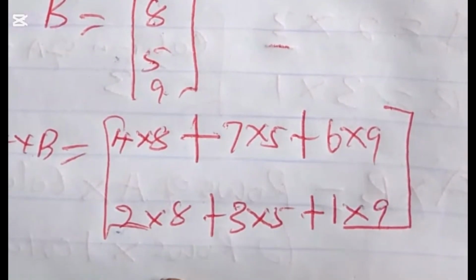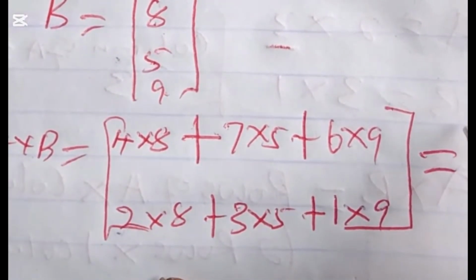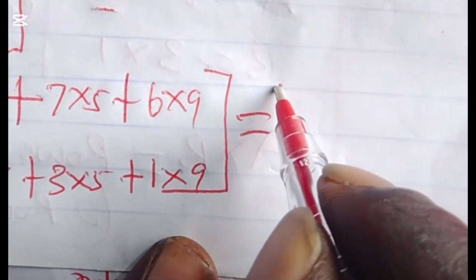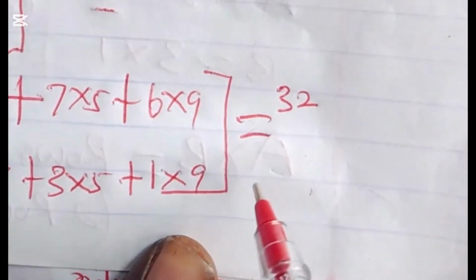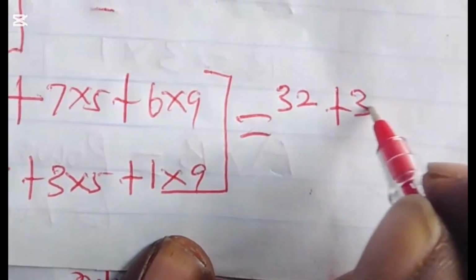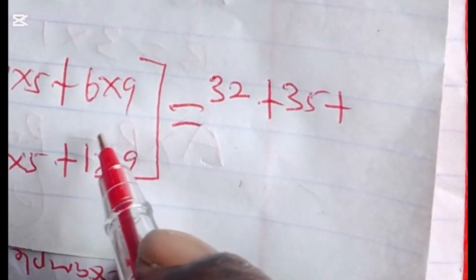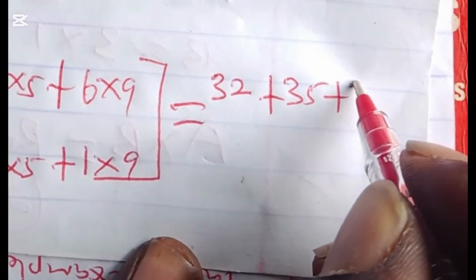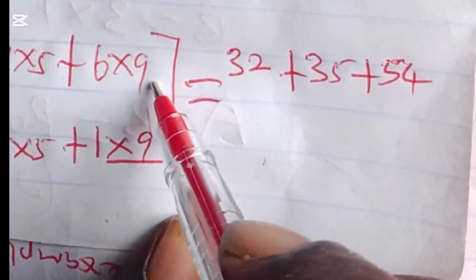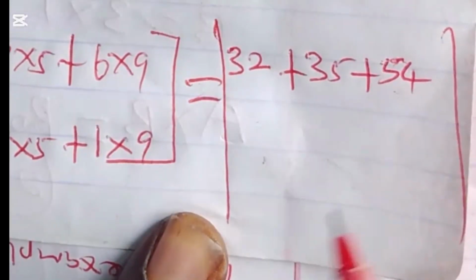Now we add. 4 times 8 will give us 32, plus 7 times 5 will give us 35, plus 6 times 9 will give us 54.